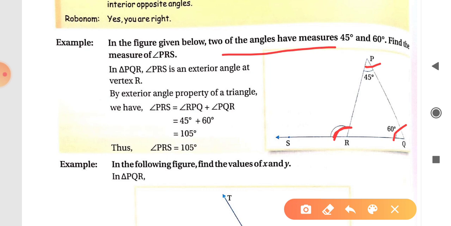So we will use exterior angle property. By exterior angle property of triangle we have angle PRS is equal to angle RPQ plus angle PQR. That means exterior angle is equal to sum of two opposite interior angles. Then put values of these angles, 45 and 60. Then we get angle PRS is equal to 105 degree.